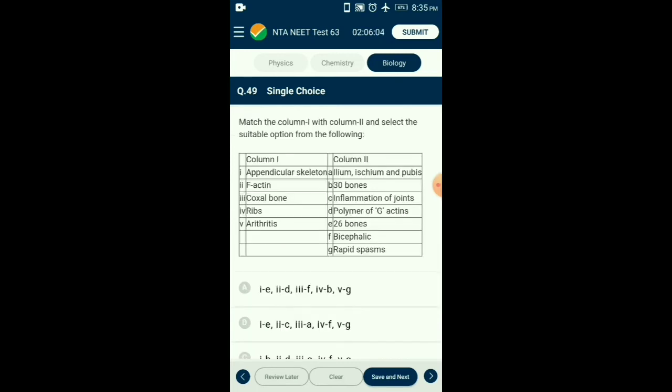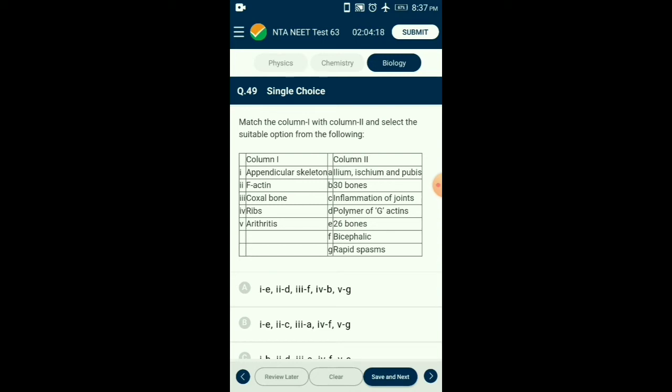Question number 49. Match the following, column 1 with column 2. Appendicular skeleton is composed of 126 bones while axial skeleton consists of 80 bones. F actins are helically wound around each other and are a polymer of monomeric G actins.